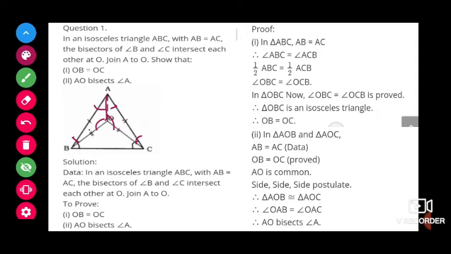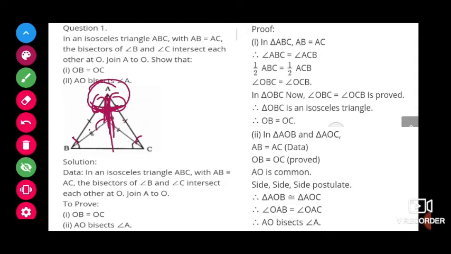So if this angle is equal to this, this side has the same measure as that side. So automatically OA is bisecting angle A, bisecting in the sense dividing into two equal parts. So we can say that this OA is dividing angle A into two equal parts.